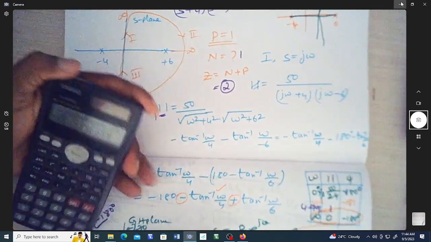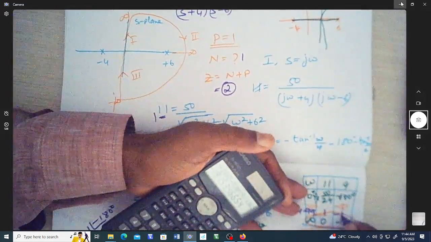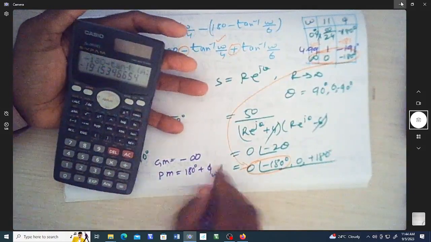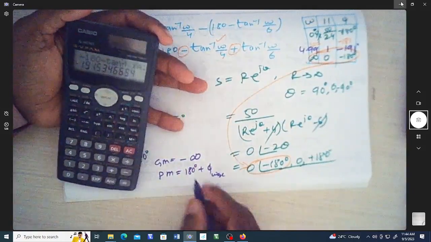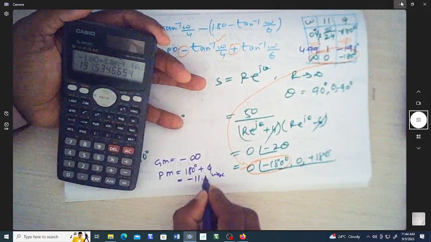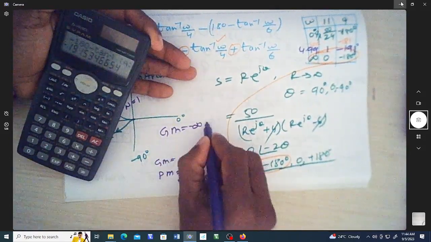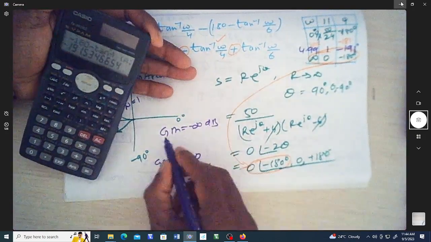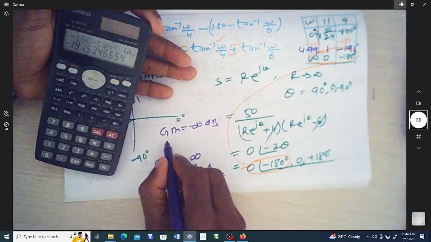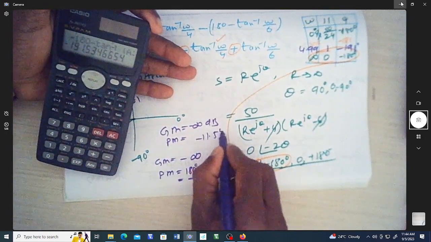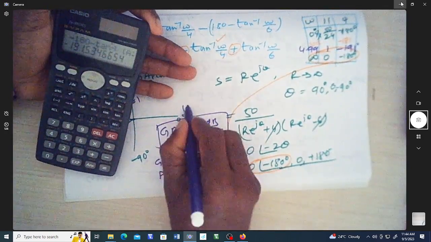So it is minus 191 degrees. Now coming to this, it becomes 180 plus minus 191, which is minus 11.5 degrees. Since the gain margin is minus infinity dB, what is the phase margin? The phase margin is minus 11.5 degrees. The system is unstable.